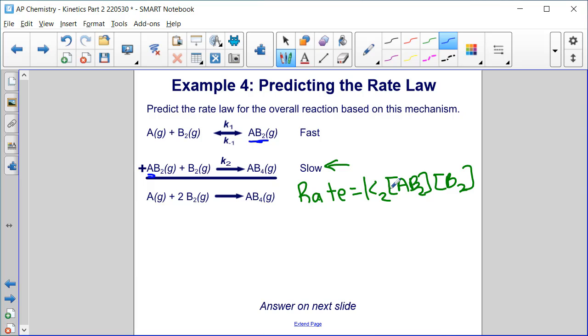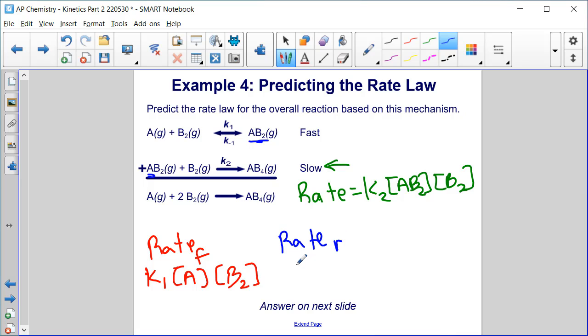I need to substitute. So I need to go back to my first elementary step, the fast step, and let's do the rate of the forward reaction. So it's k1 times concentration of A times concentration of B2. The rate of the reverse reaction is k sub minus 1 times concentration of AB2.